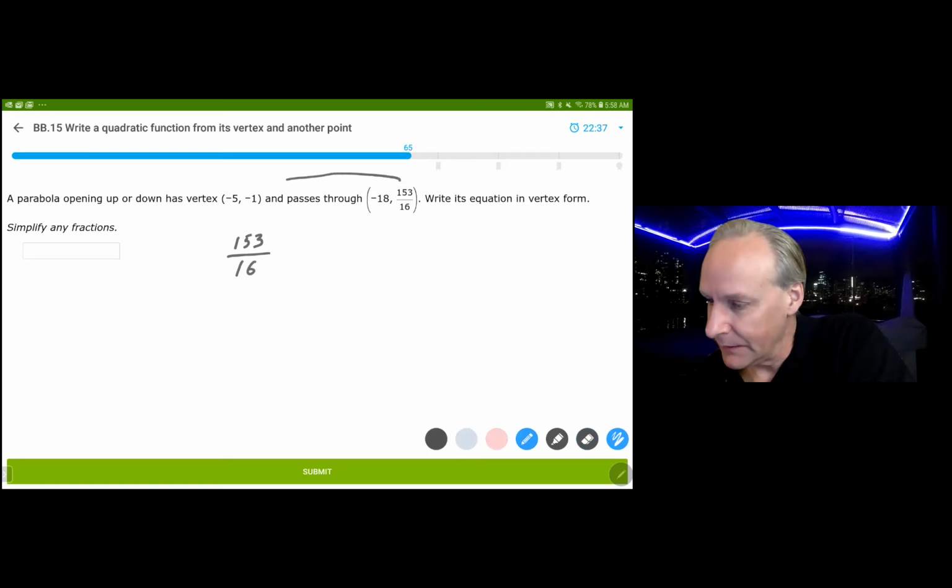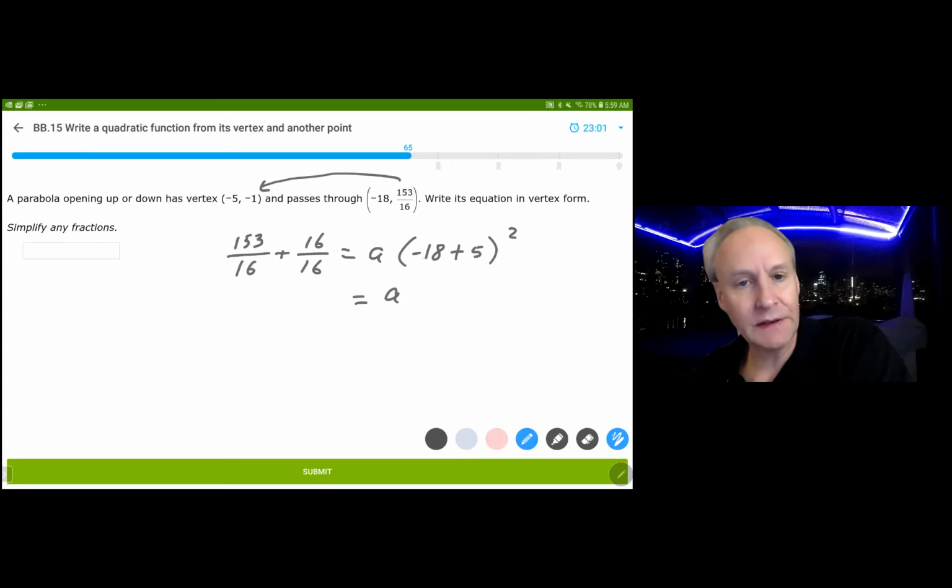Now I am adding 1, because I'm subtracting negative 1. I'm going to leave it as 16 over 16 again. And then I'm going to have a, and then I have the x, negative 18 minus negative 5. So that's really plus 5, isn't it? So this is going to be 169, negative 13 squared.